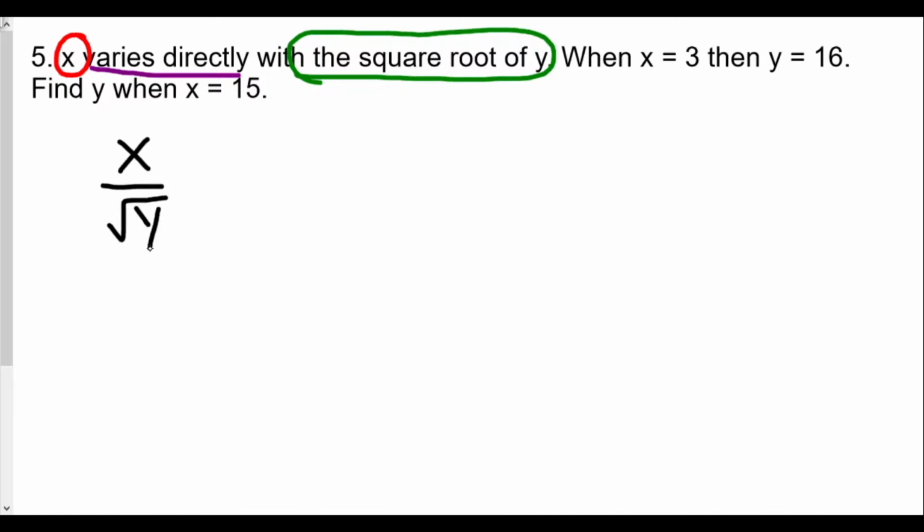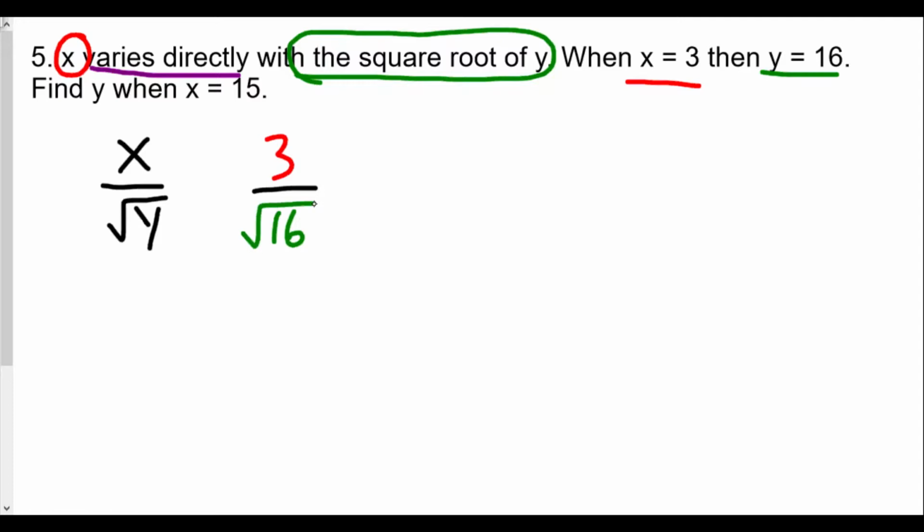Now it's important for us to use this form for each of our ratios. So you're saying, what do you mean? Well, when x equals 3, that belongs in the numerator because that's going to be x. Then y equals 16. Except it's not x varies with y, it varies with the square root of y.